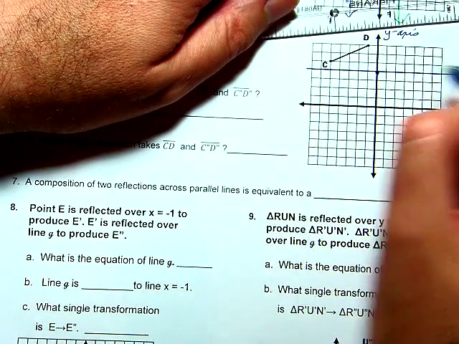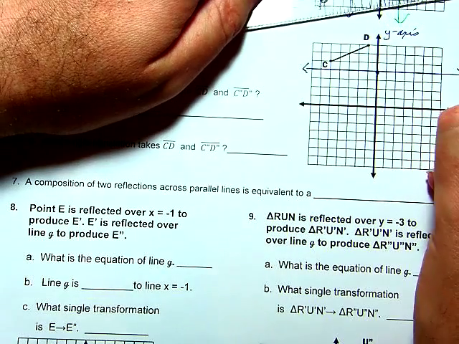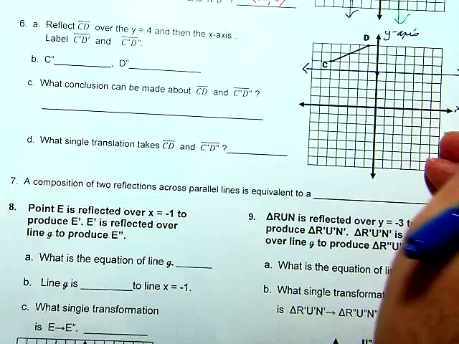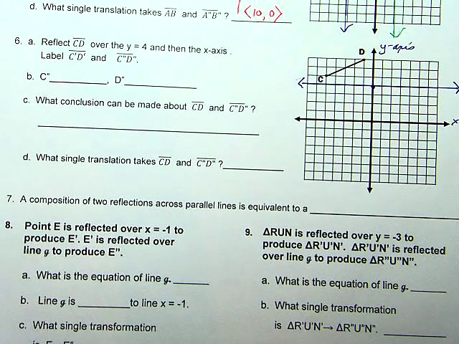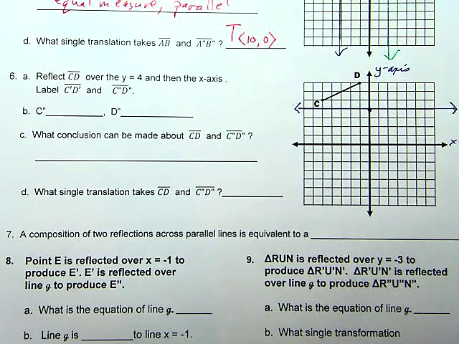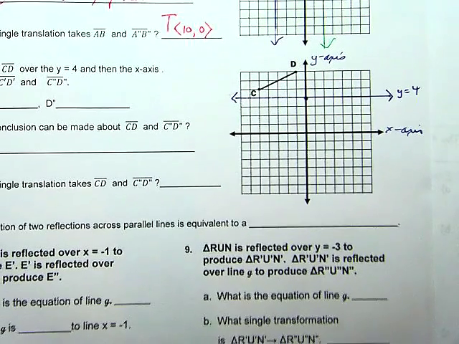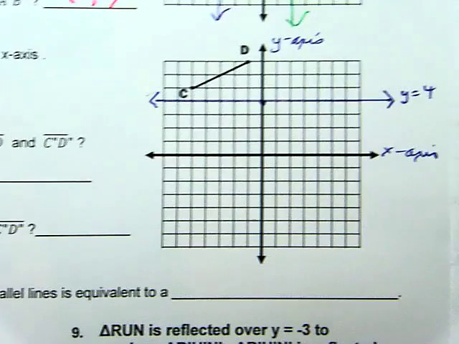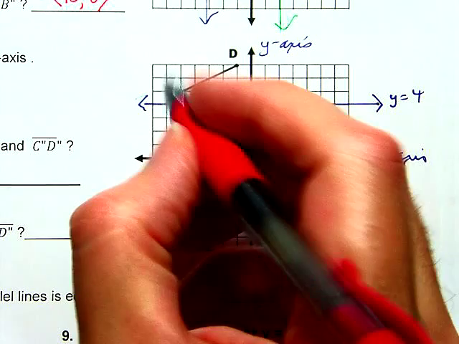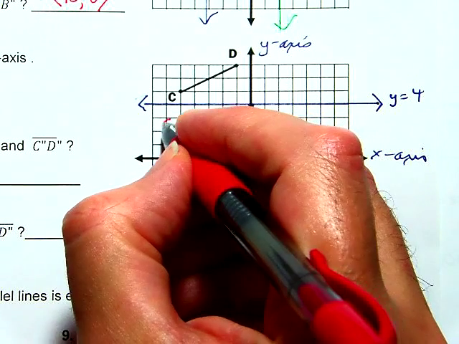Okay, so here is our line, y equals 4, and the first reflection has to be across this line. So let's reflect C. C is 1 unit above the line of reflection, so we've got to make C prime 1 unit below.